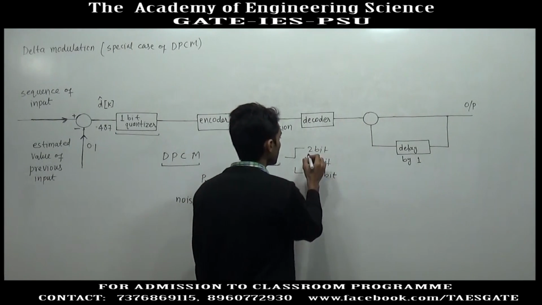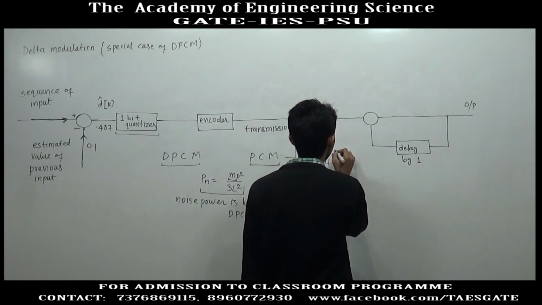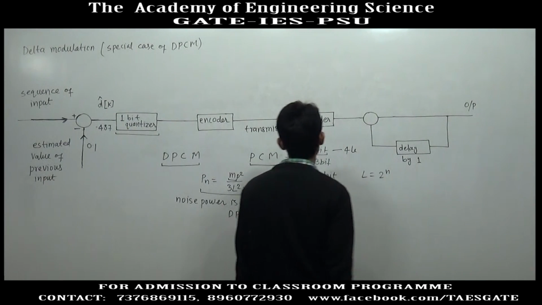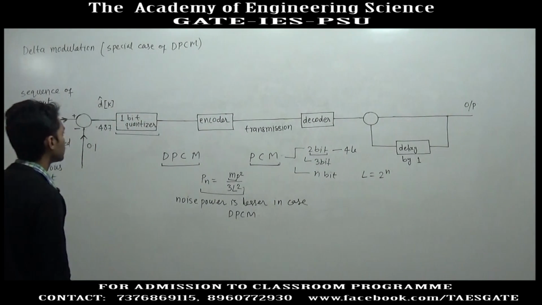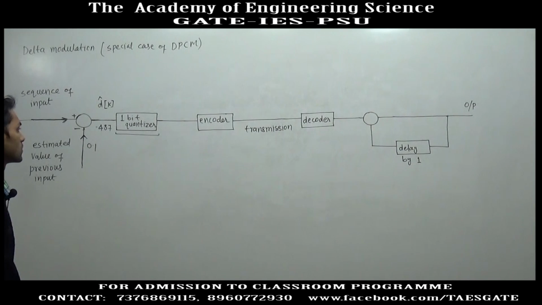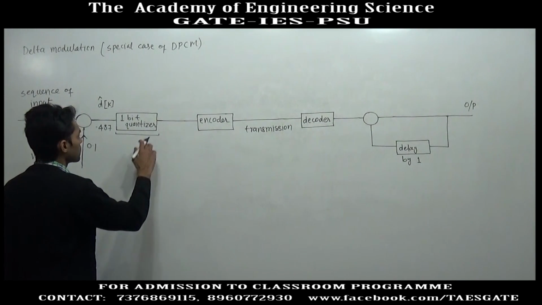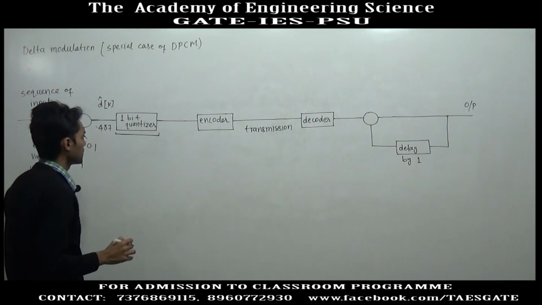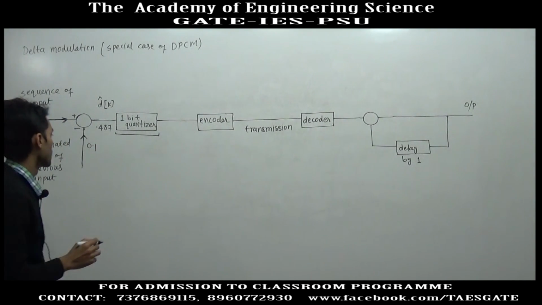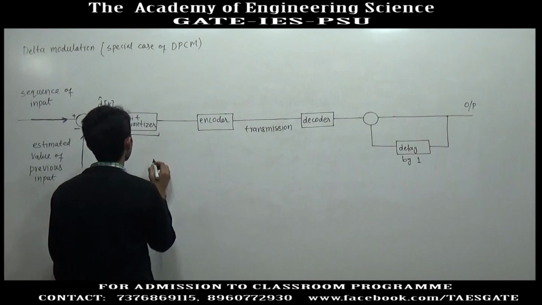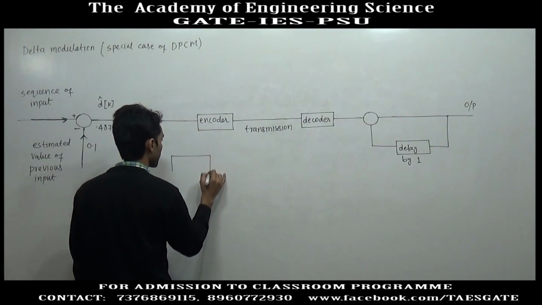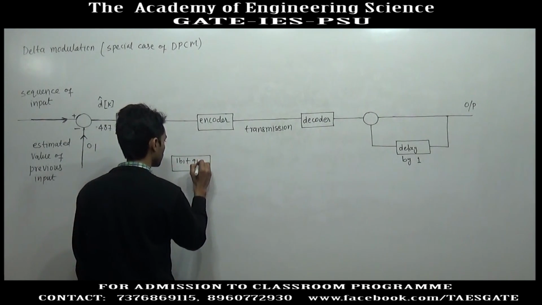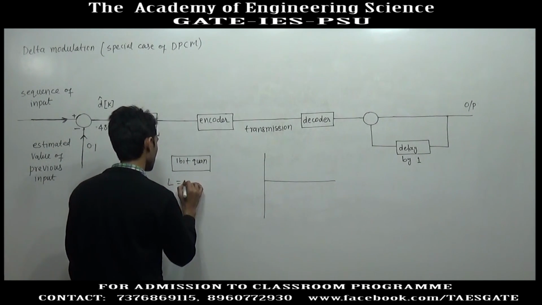So, if we have a 2 bit quantizer, we will have 4 levels. The number of levels is equal to 2 to the power n. But in case of delta modulation, to understand the working of this delta modulator, first we will study the working of the 1 bit quantizer. If it is a 1 bit quantizer, the number of levels is equal to 2 to the power n.